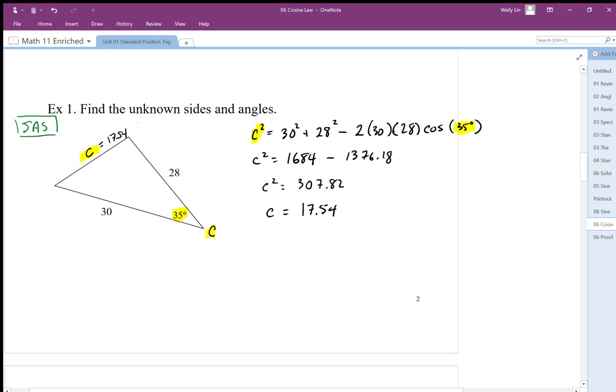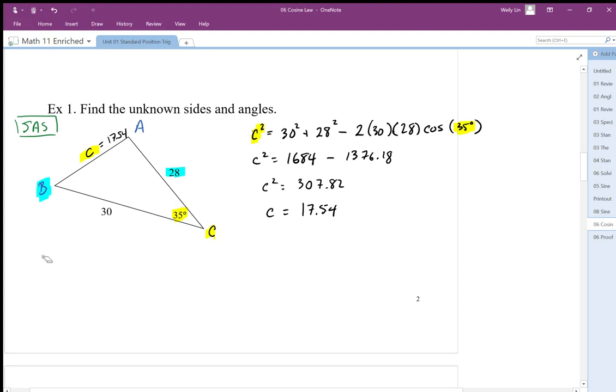In this case, I'm going to say that this is angle B on this side and angle A on this side. The angle B and side 28 are opposite of each other.